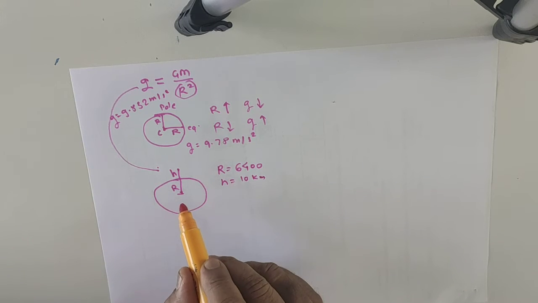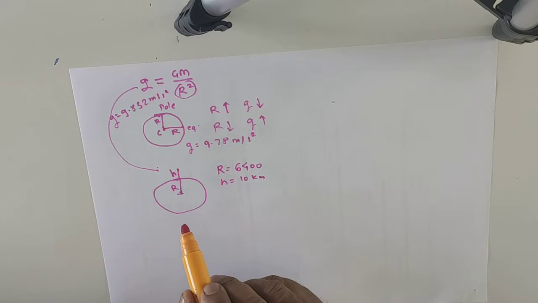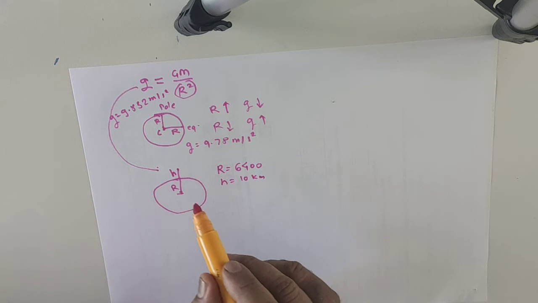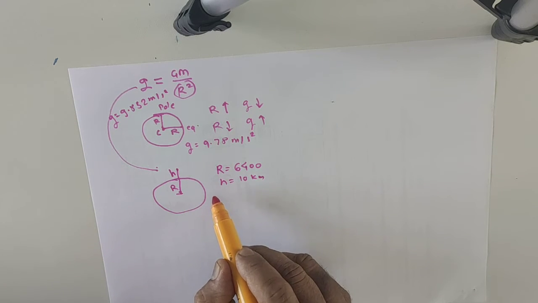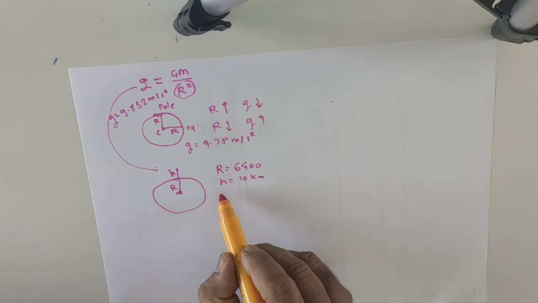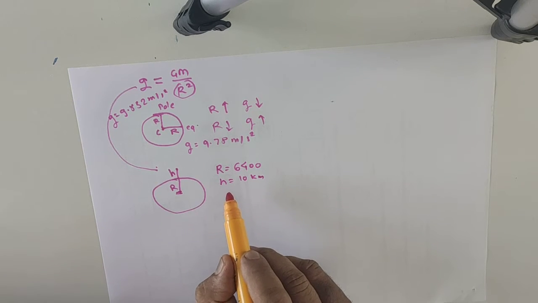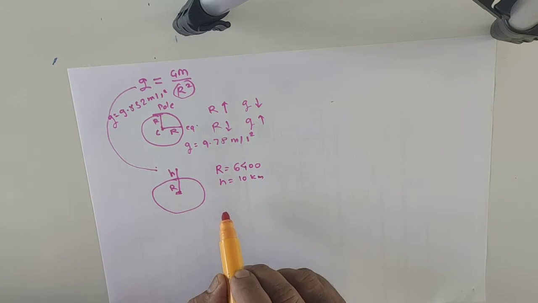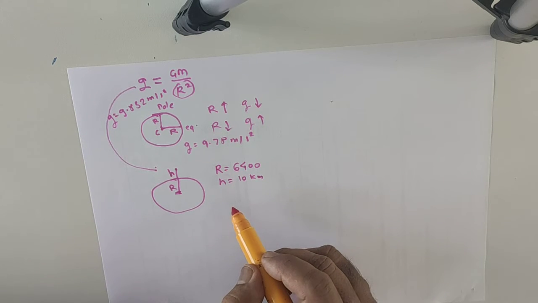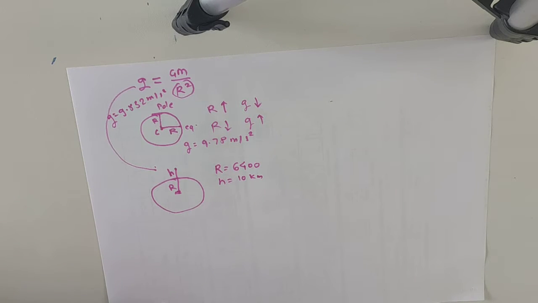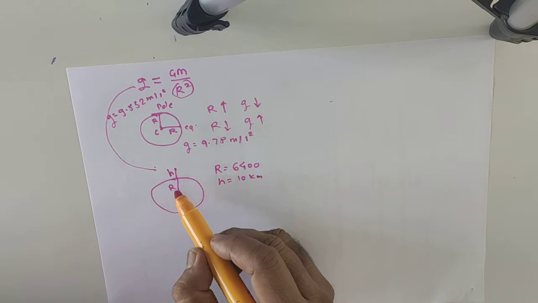Therefore, when we consider height, G is always the same, and that height we can ignore, it is negligible, you may say. This is about the height.